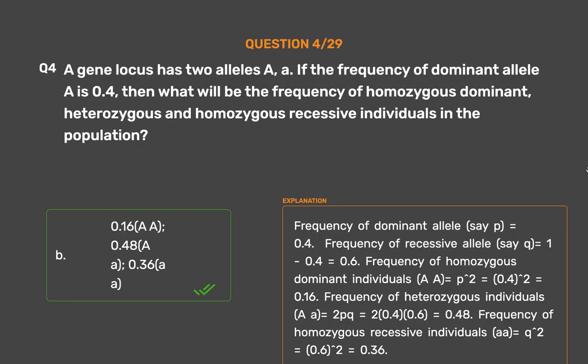Frequency of homozygous dominant individuals, AA, equals p squared equals 0.4 squared equals 0.16. Frequency of heterozygous individuals, Aa, equals 2pq equals 2 times 0.4 times 0.6 equals 0.48. Frequency of homozygous recessive individuals, aa, equals q squared equals 0.6 squared equals 0.36.